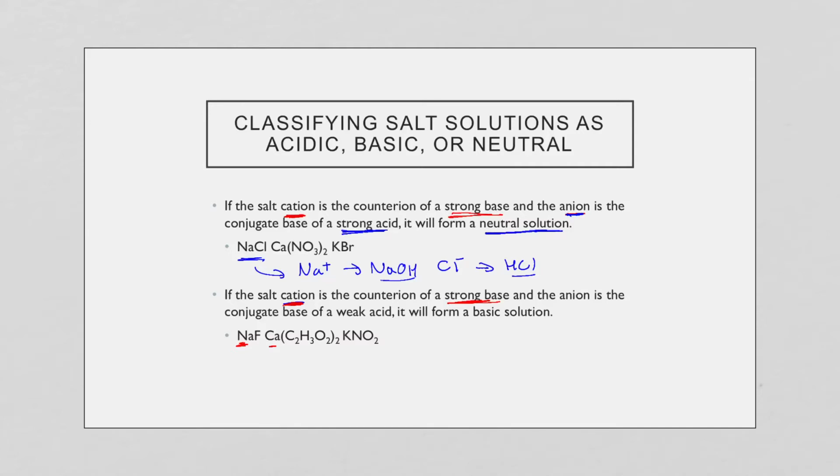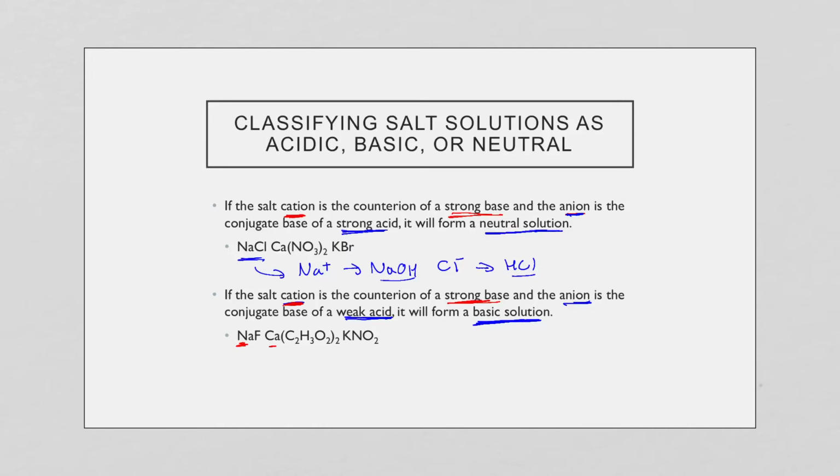But the anion is the conjugate now of a weak acid. Well, remember, the anions, or the conjugate bases of weak acids, can function as weak bases. So if you have this type of setup, you're going to generate a basic solution.